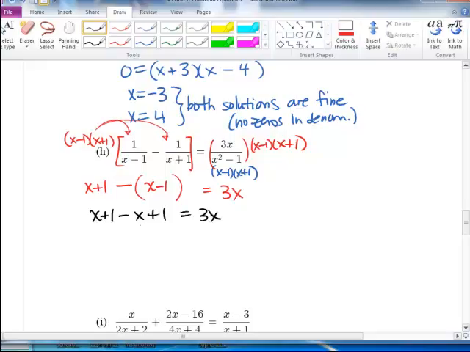So the x's drop out on this side, so we've got 2 equals 3x, so x should be 2/3. And the only thing that would make a denominator 0 would be 1 or negative 1, so we keep that value. It doesn't make a denominator 0.